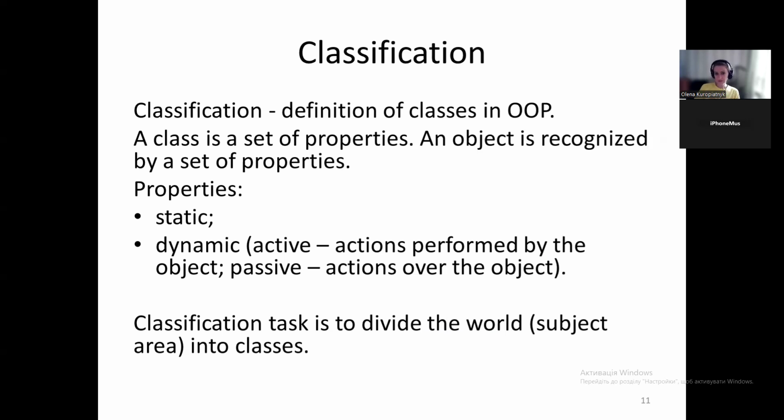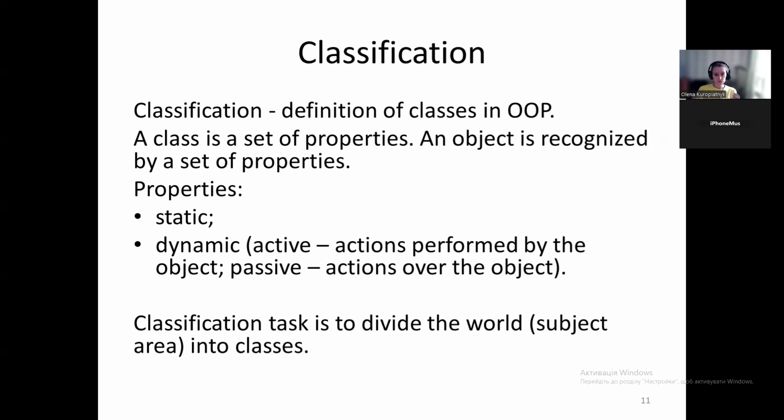A class is a set of properties. Attributes and methods are properties of a class. We have a lot of properties, and that's why we have a set of properties. An object is recognized by a set of properties.